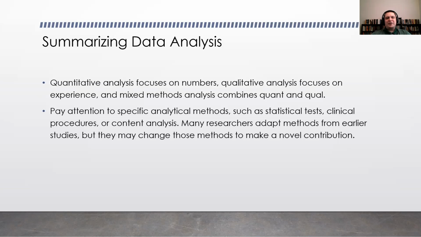The other thing to keep in mind here is that one of the ways to show novelty, something that's new in your work, is to change the methods. So maybe we have 50 studies quantitatively, that is with numbers, measuring the graduation rates of this particular population of college students.